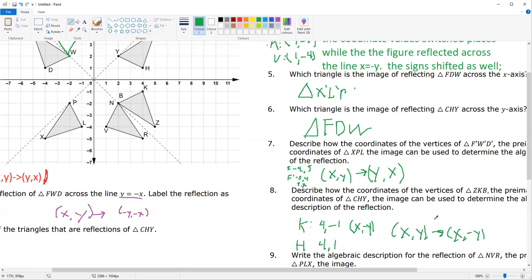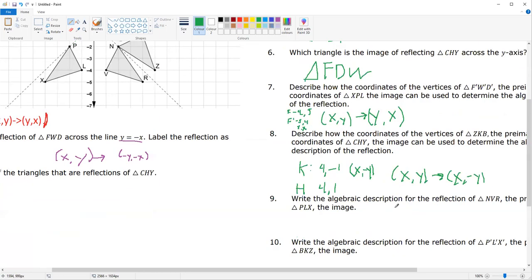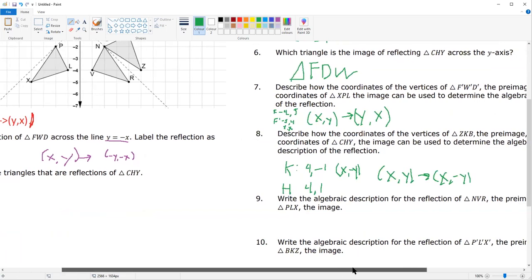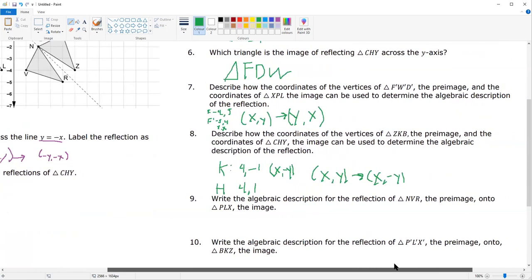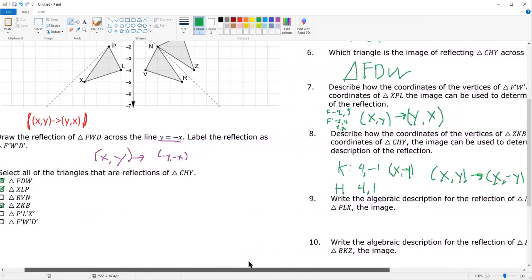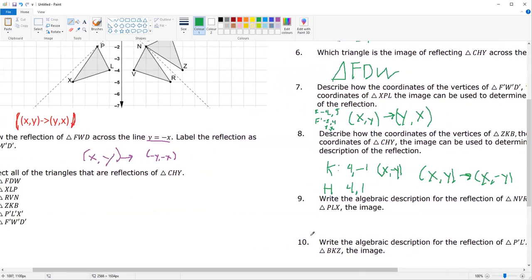All right. Then next is write the algebraic description for NVR, the pre-image, onto PLX. So this is pretty much doing the same thing.